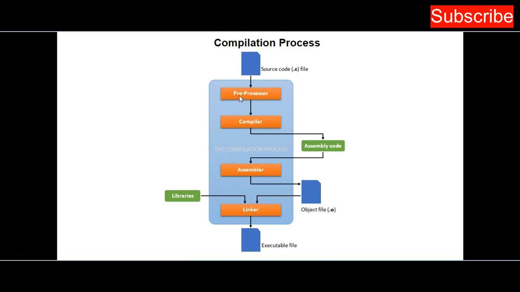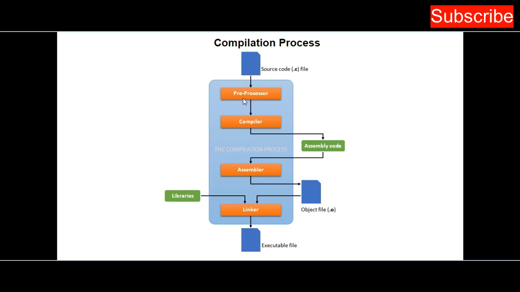The first one is the preprocessor. The preprocessor helps to remove the comments you've written, all those things that are not really needed in the program. It also helps to include headers. As you progress in this course, you'll start working with headers.